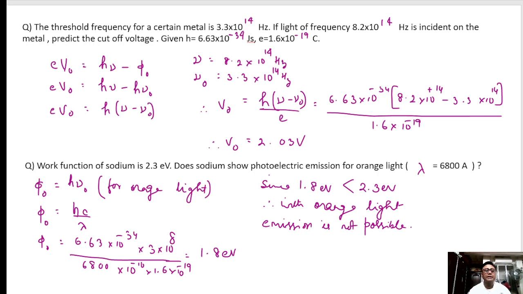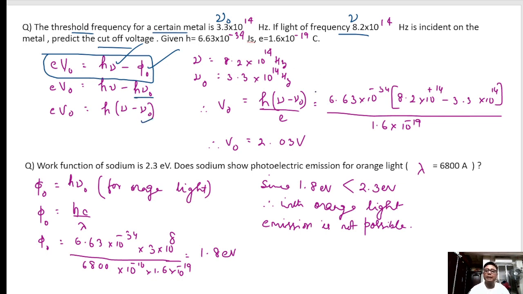So the first numerical: the threshold frequency for a certain metal, this is nu zero, is this. If light of this frequency is incident on the metal, predict the cutoff voltage. So we know this is our formula. V naught is the cutoff voltage, the value of e, that is the charge of electron, I know, h I know, incident light frequency I know, minimum h nu zero, this I know, phi equals h nu zero, and nu zero also we know.